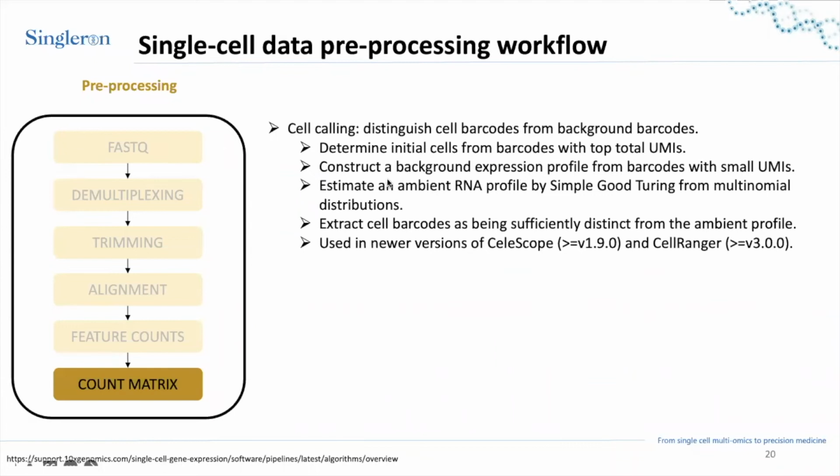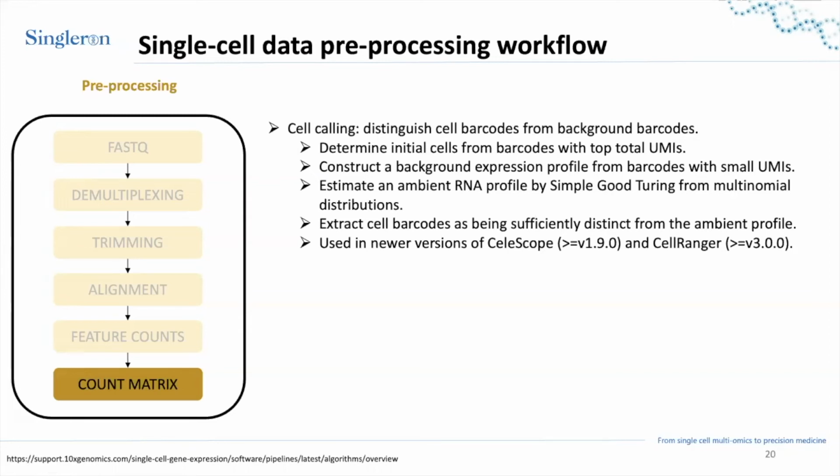And then it will construct a background expression profile from barcodes with very small UMIs. With this definition of very small UMIs, you will be able to estimate ambient RNA profiles by calculating the model fit from the multinomial distributions using the simple Good-Turing algorithm.